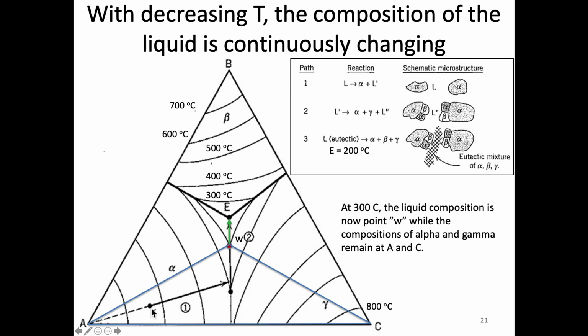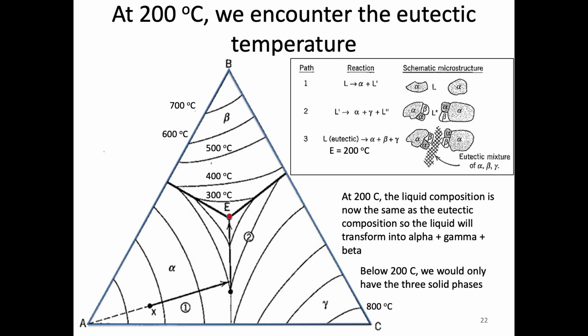We still have an alloy of X, and so we can calculate the amounts at those various points. And so this continues to occur until we reach some other critical point. So the liquid is continuously changing throughout this process if we decrease the temperature.